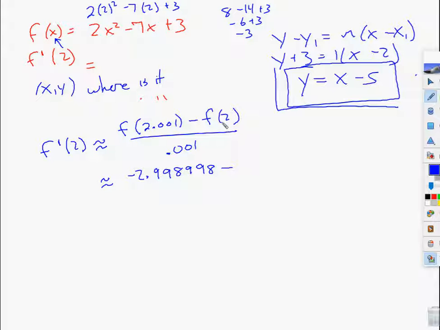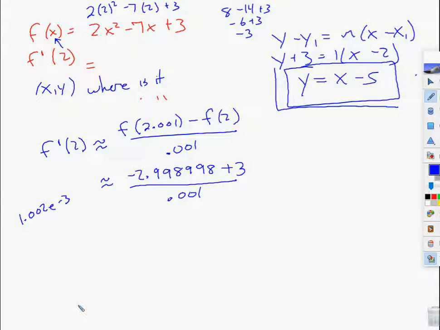And then we did this calculation already somewhere, 3, so plus 3, all over 0.001. My calculator, when I do this, spits out 2.002e negative 2, negative 3. That means move my decimal point 3 spaces to the left.